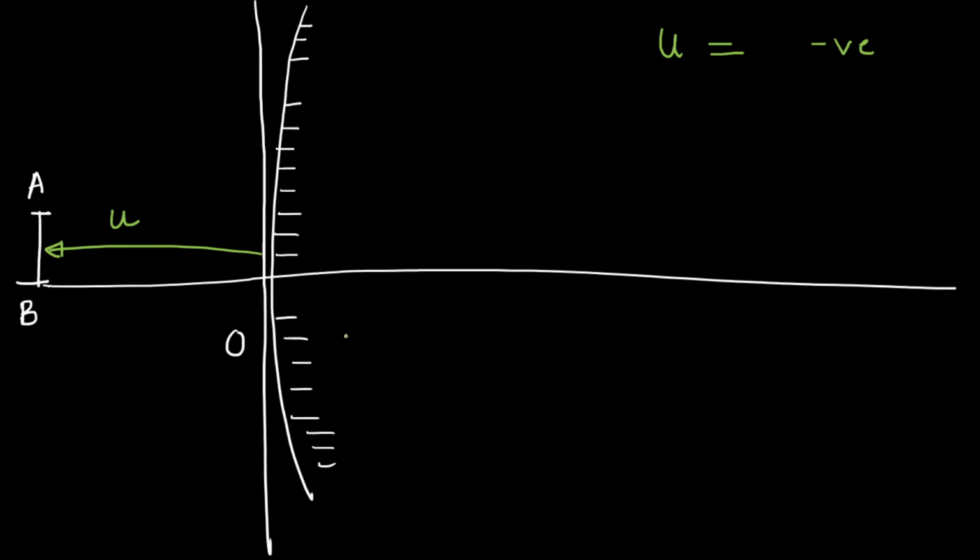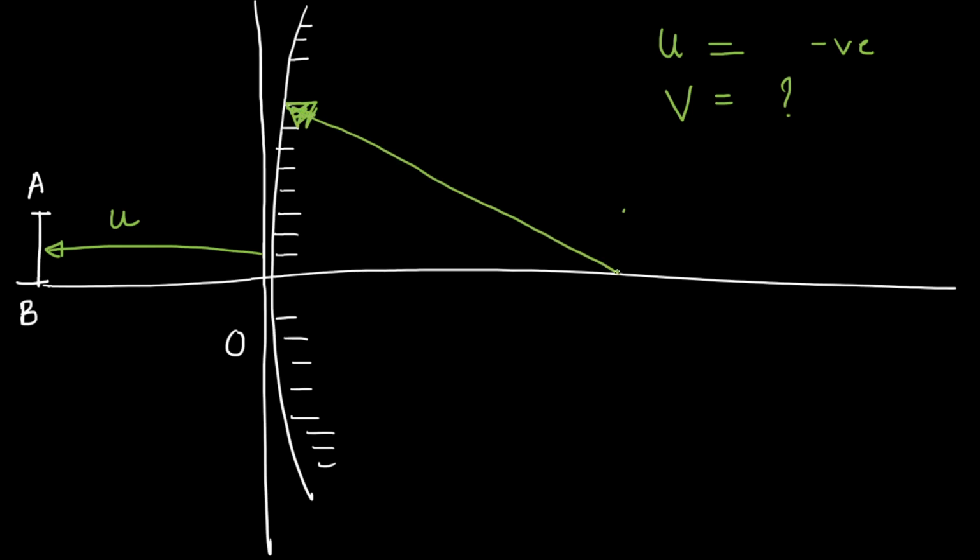Now we don't know about v yet. If v is on the right, then it's going to be positive. If it's on the left, it's going to be negative. So let's not worry about it up front. What is also clear in this particular diagram is that the center is somewhere here.